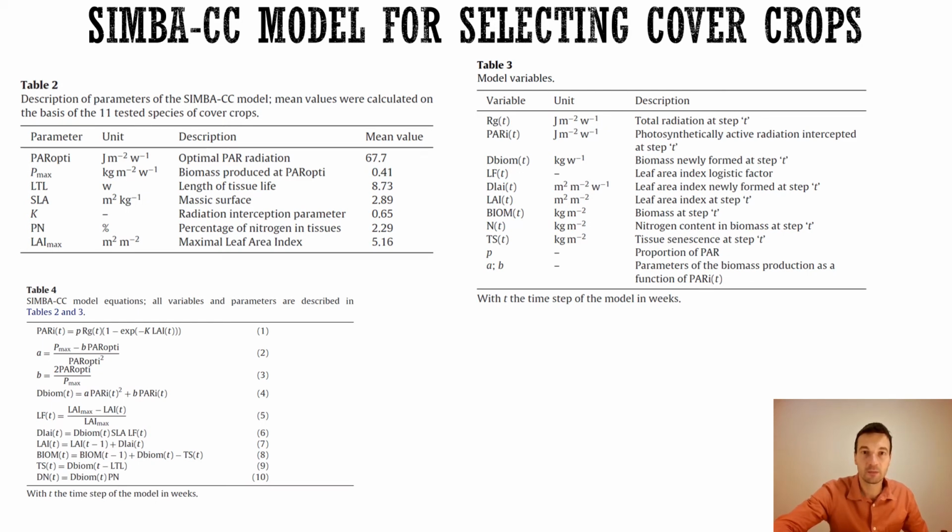The second is mean biomass between 50 and 150 weeks, which is an indicator of capacity of the cover crops to persist over time. And the third is the sum of nitrogen in the biomass of newly formed plants between 50 and 150 weeks after sowing, which is an indicator of the demand of nitrogen of the cover crop and nutrient competition with the cash crops.